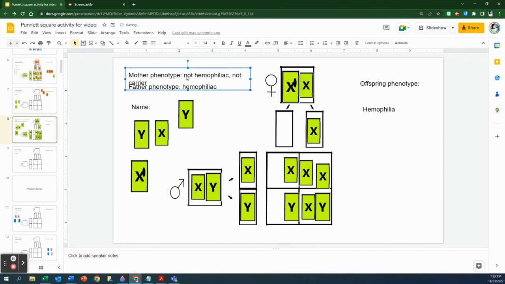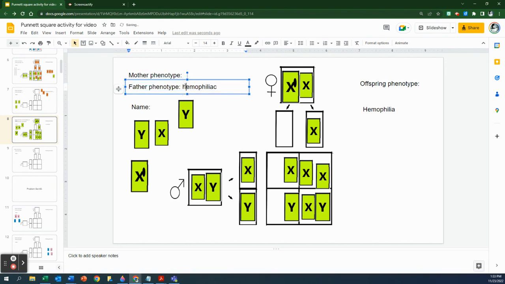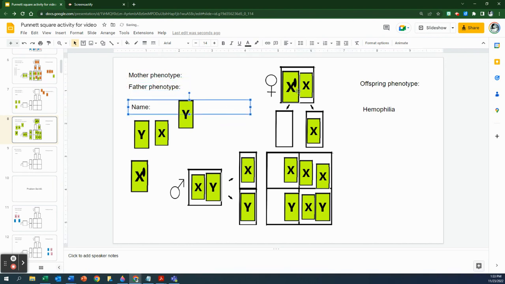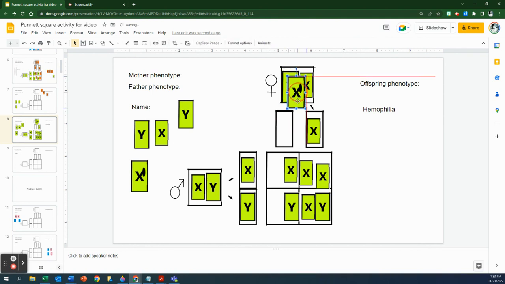And I guess we should delete these here so that nobody gets confused about what we're looking at. So this time we have the mother that's a carrier who has children with a male who is perfectly fine. So these are two parents whose blood clotting is perfectly fine. There's absolutely nothing wrong with them. They had no idea.